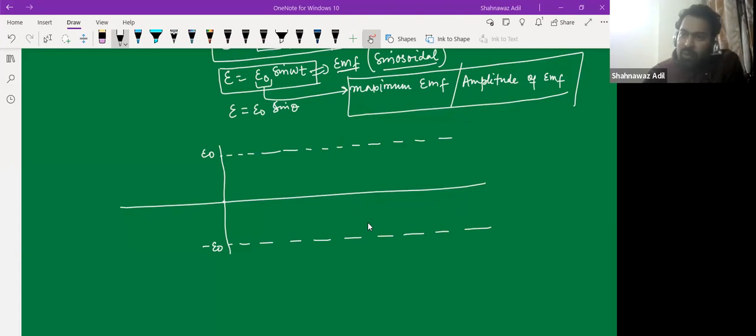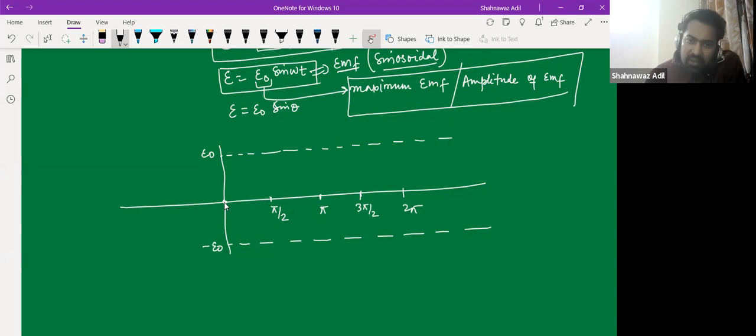Okay, so what would be the variation of this EMF at theta equal to 0, right? At theta equal to 0, sine 0 is 0, so this will be 0. And if I go to, let's say, pi by 2, and then pi, and then 3 pi by 2, and then 2 pi, what would be the variation?